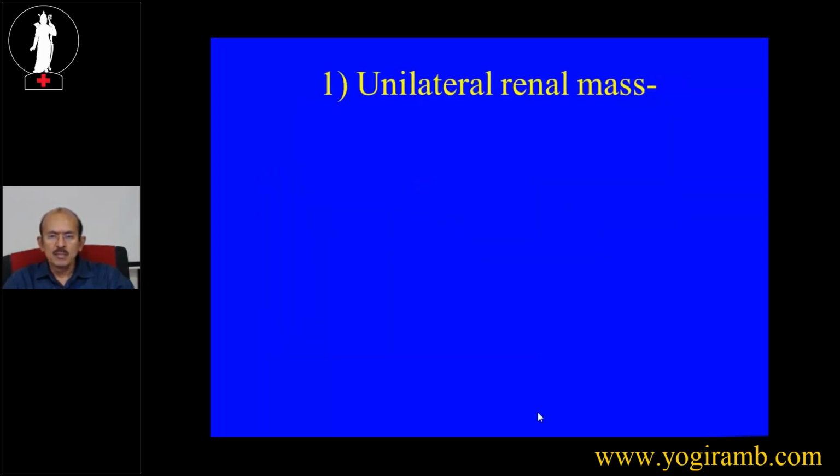If it is a unilateral renal mass, if it is solid, what is your diagnosis? Renal cell carcinoma. Very good. In adults, it is renal cell carcinoma. In children, it is Wilms tumor.